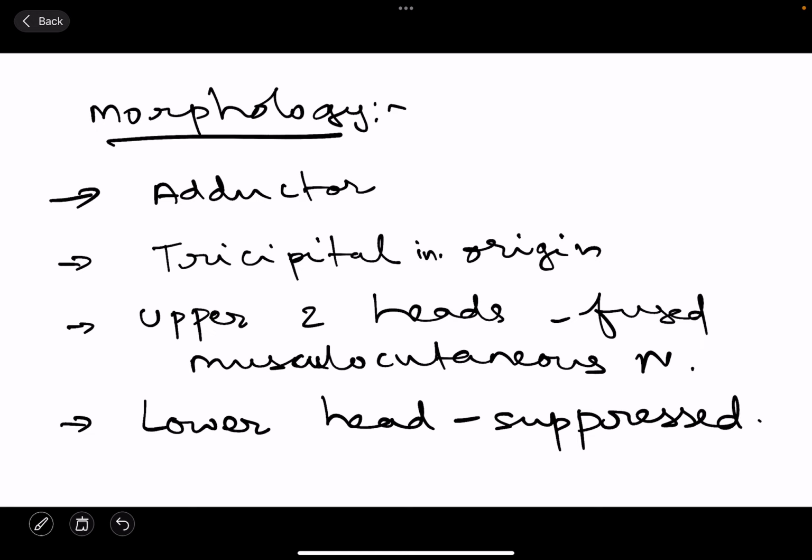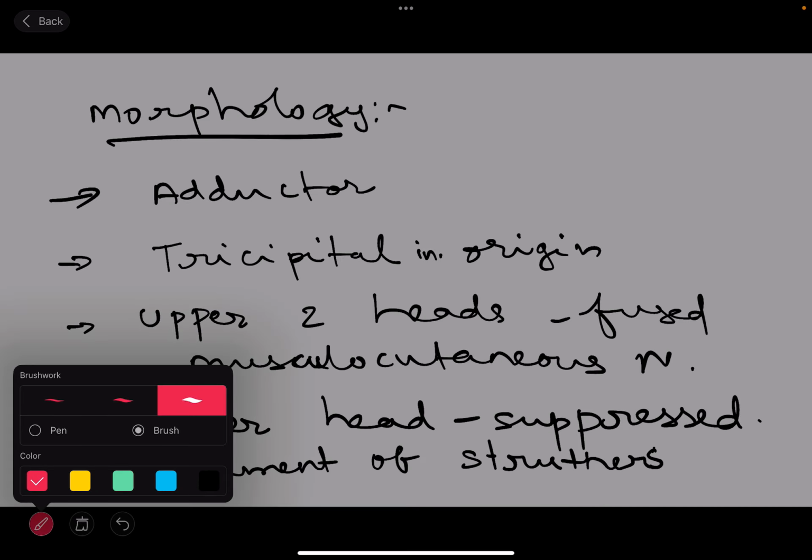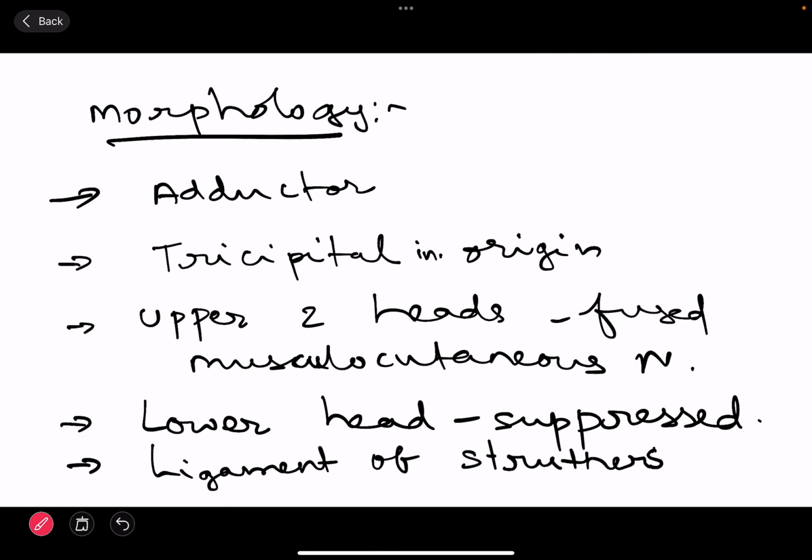Sometimes the third head of the coracobrachialis is represented by a fibrous band, which is known as the ligament of Struthers. This ligament of Struthers is not always present. It is occasionally present. When it is present, it will be attached to something called the supratrochlear spur.